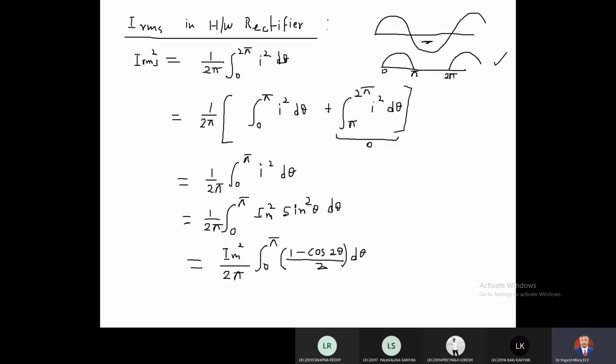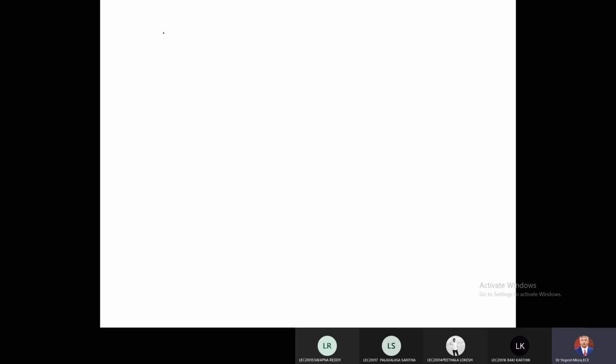dθ. This 2 I will take out from this integral numerator part.